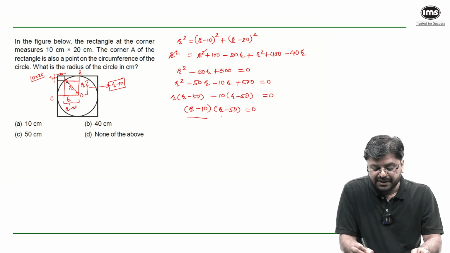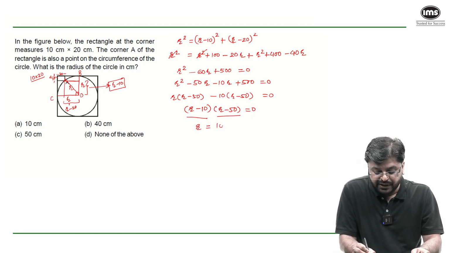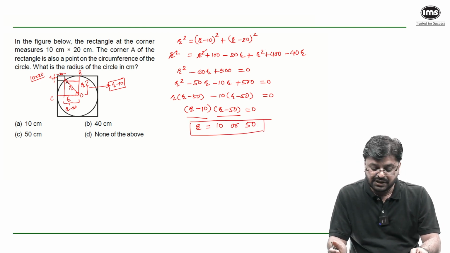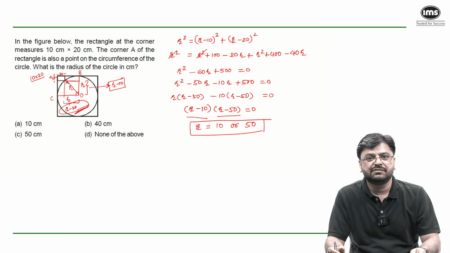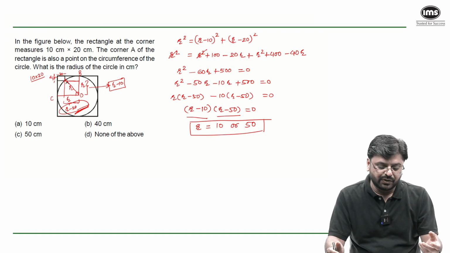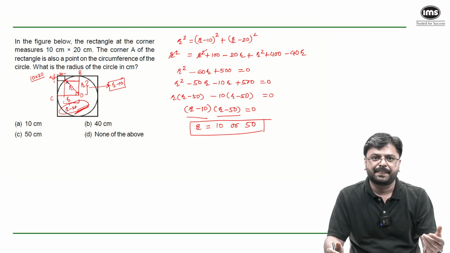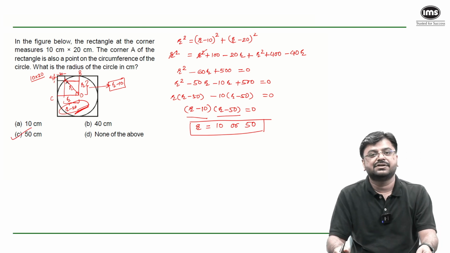Either R minus 10 equals 0 or R minus 50 equals 0, which gives us R equal to 10 or 50. But in this case, R cannot be 10, because if I take R as 10, then R minus 20 will be negative, which is not possible. R equal to 10 means this corner will coincide with the circumference of the circle. That is not possible. So the answer here is option C.